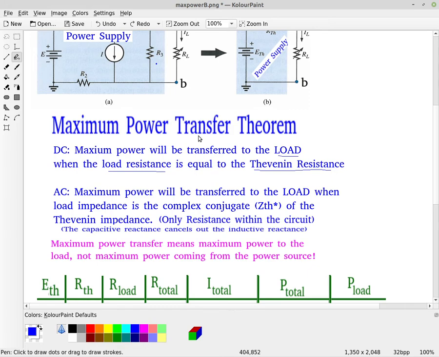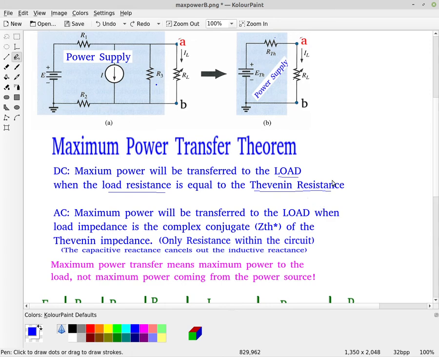So the maximum power theorem basically says that if you have a lot of capacitance in your Thevenin, then you need to put a lot of inductance in your load so that the inductive reactance and the capacitive reactance cancel out, and you're left only with resistance anyhow. So it really comes down to the resistance.